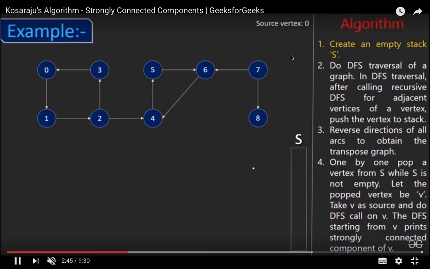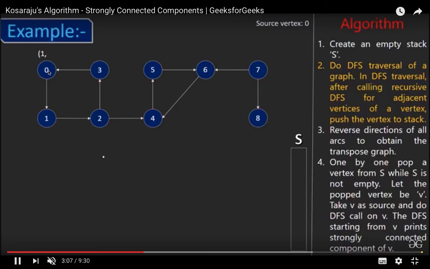First we should create an empty stack, as you can see here. The source vertex is equal to 0. So let's start, and we do a DFS traversal of the graph. In the DFS traversal, after calling recursive DFS for the adjacent vertices of a vertex, push the vertex to the stack.